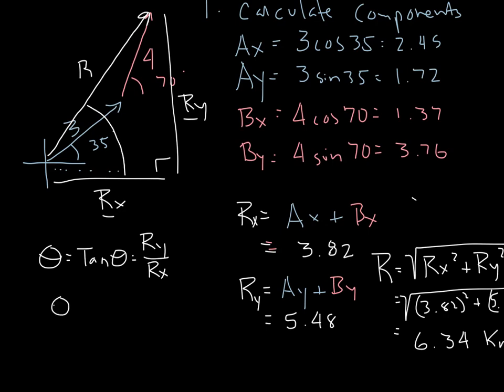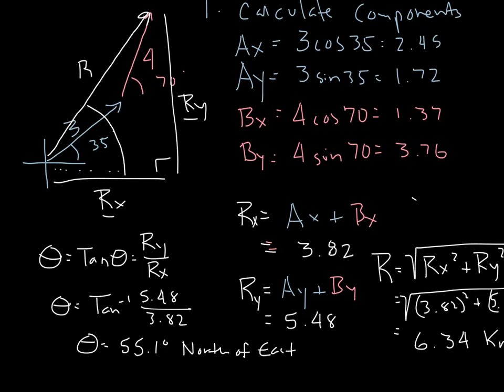So to solve for theta, you actually need to take the inverse tangent of what Ry is, and that happens to be 5.48, and we divide that by 3.82, and you get theta equaling 55.1 degrees north of east.